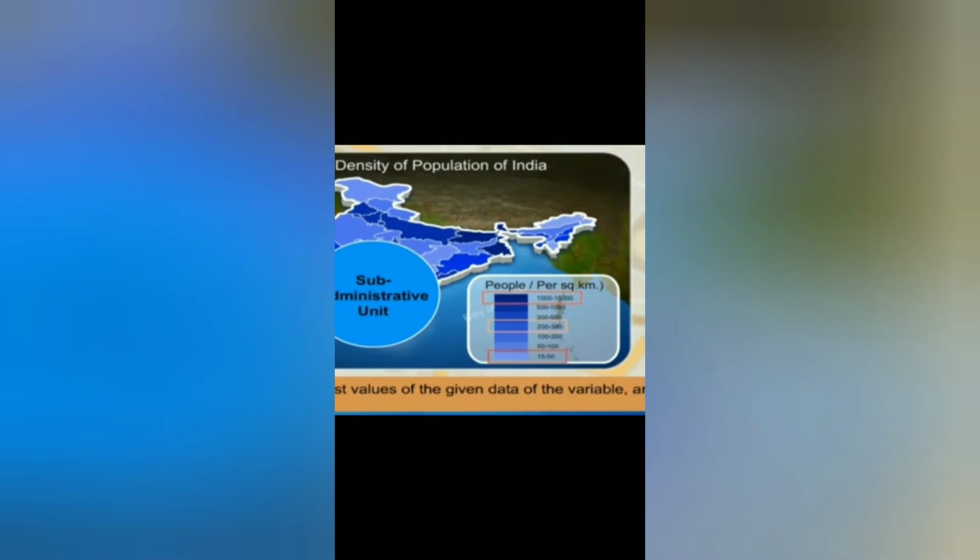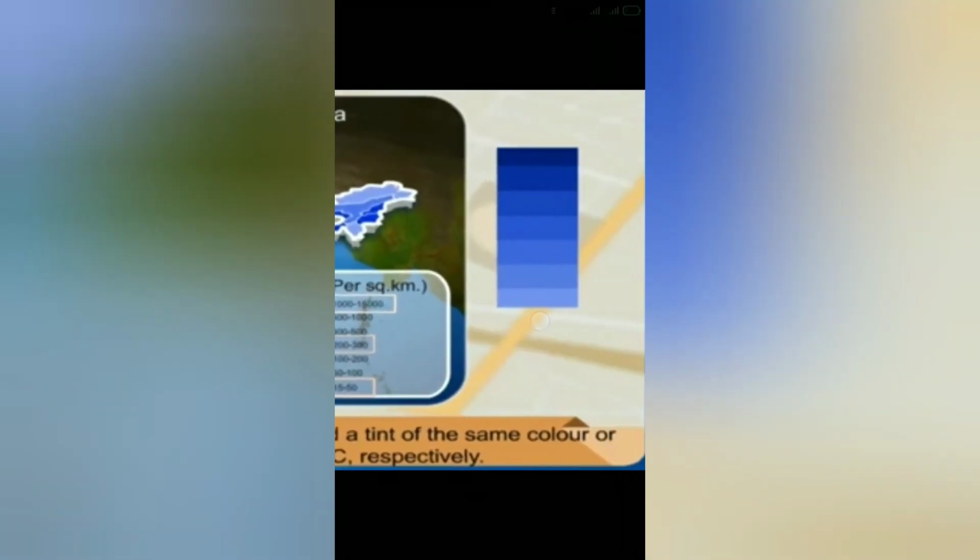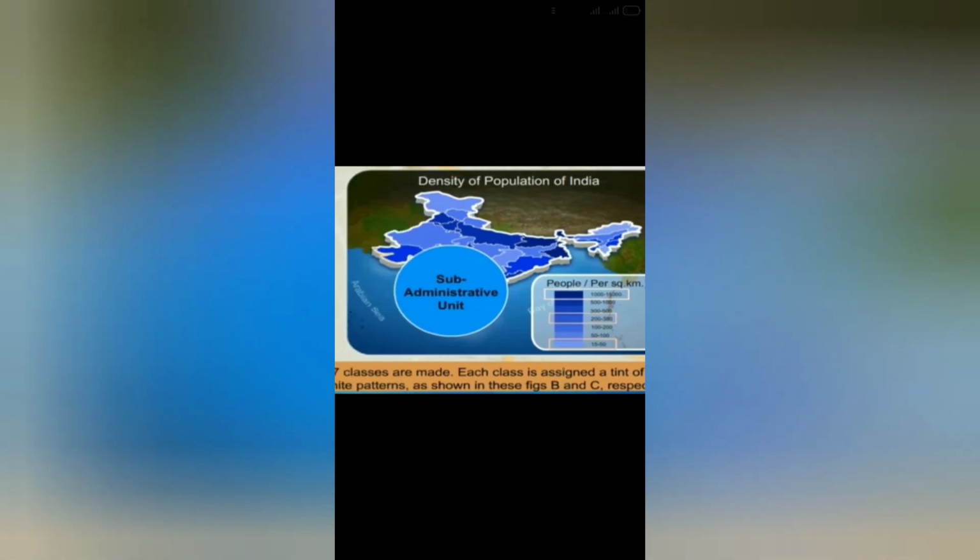This is the choropleth map. After considering the lower and the upper value, I make 5 to 7 classes, and each class I am trying to show by tints of colors. Each color is assigned some value, and that value shows the distribution of the variable, or we can say the density of the variable.